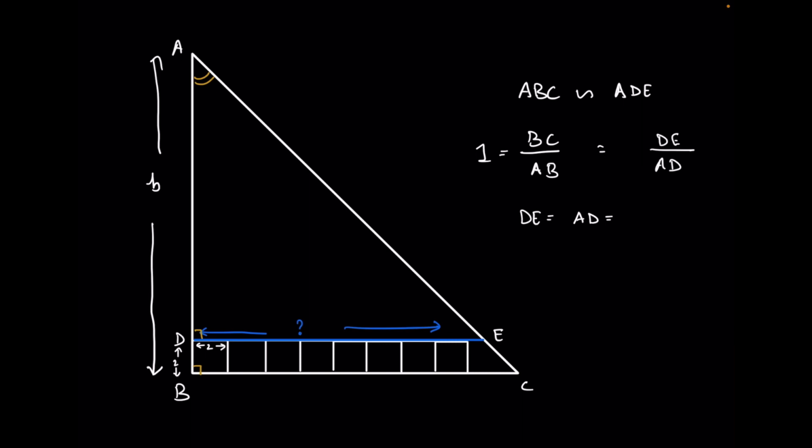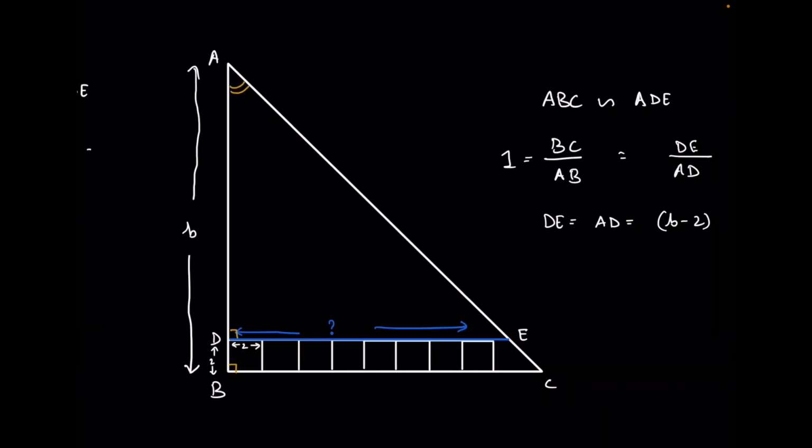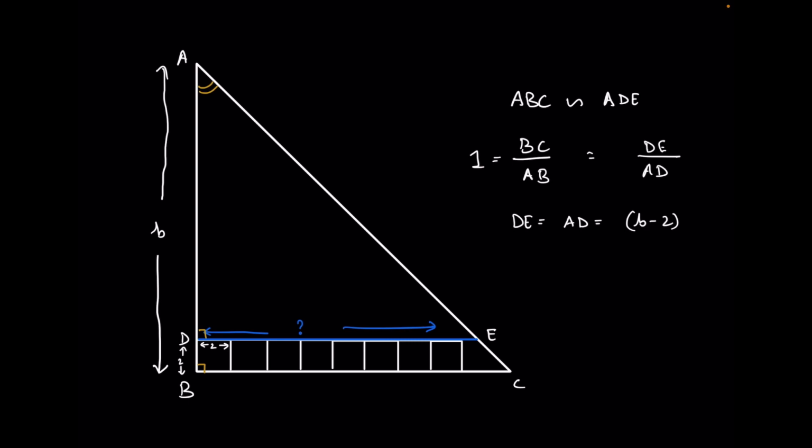And what is AD? AD is actually equal to B minus 2, right? Because the whole side AB is of length B, and this small part of it, DB, is 2 because it's the side of the 2 cross 2 square, right? So AD is B minus 2, which means that DE is B minus 2.